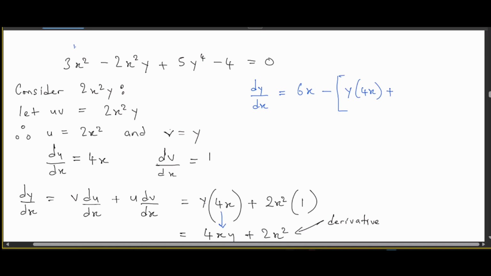So when we are differentiating something which is in terms of y, we attach the differential coefficient dy dx to that something. You get it? So where we used the product rule to differentiate 2x squared y, if you look closely, we made u to be 2x squared and we made v to be y. This is in terms of y.